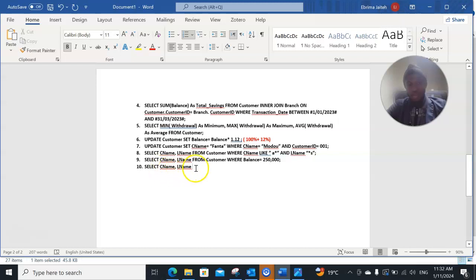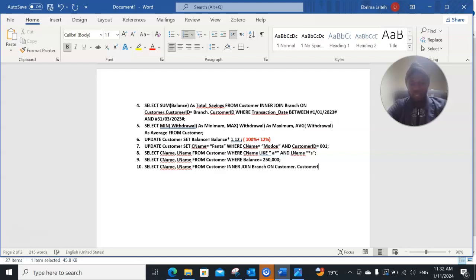So select CNAME, last name from customer inner join branch. So we are joining what? Customer with what? Branch. Inner join branch on customer dot, what is the primary key under the customer table?